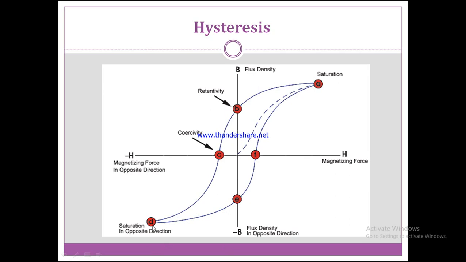If we increase the flux density again from here, then instead of starting the magnetizing curve or flux density from the origin, it starts with the negative saturation level to the positive saturation level, and it takes a path of small d, E, F and A. So over here it creates a new path when we increase the flux density of that particular material.